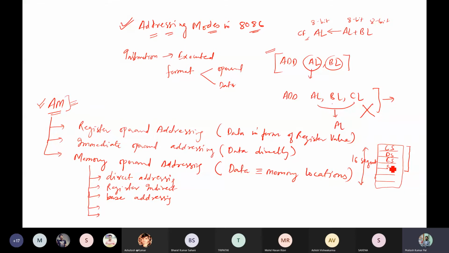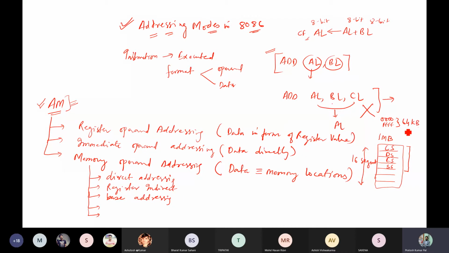The 1 MB memory of 8086 is divided into 16 different segments, as we have seen, and each segment will have a 16-bit address, so it addresses from 0000 to FFFF. This is 64 KB of data, which is one segment.